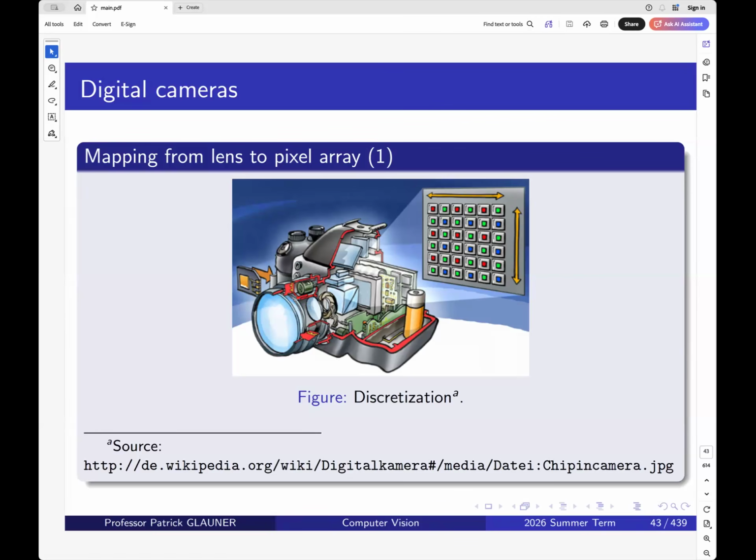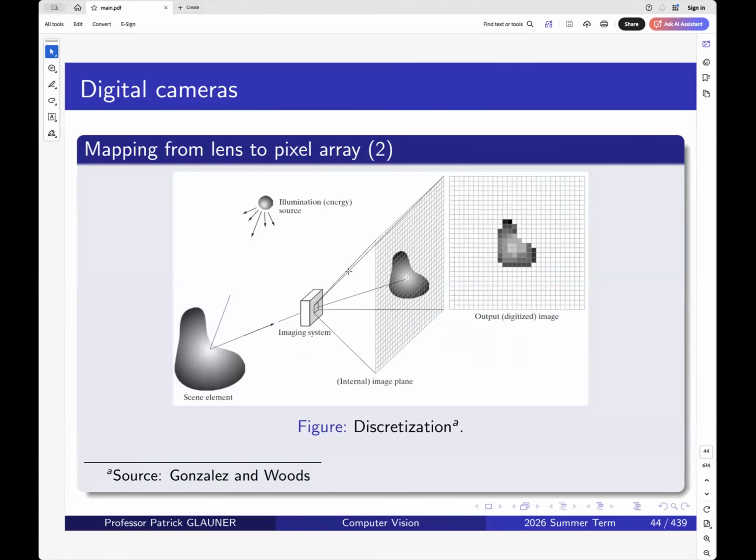Because what we got here is a lens, and eventually we want to map from the lens to some sort of pixel array. And if you see this from the real world, we have a scene element. So it could be this object here. And this one is continuous.